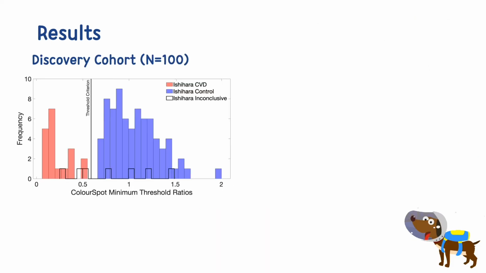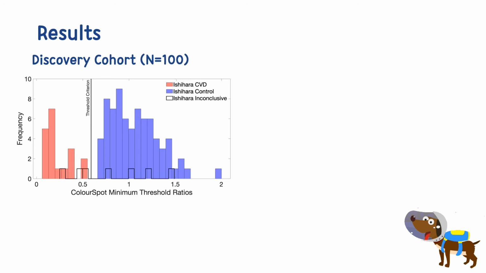When we put those minimum threshold ratios into a histogram, the x-axis here is the ColourSpot minimum threshold ratio, and the colours of the graph represent the Ishihara diagnosis. We also calculate the threshold criterion, which you can see in this line here, which is the boundary between CVD and normal colour vision.